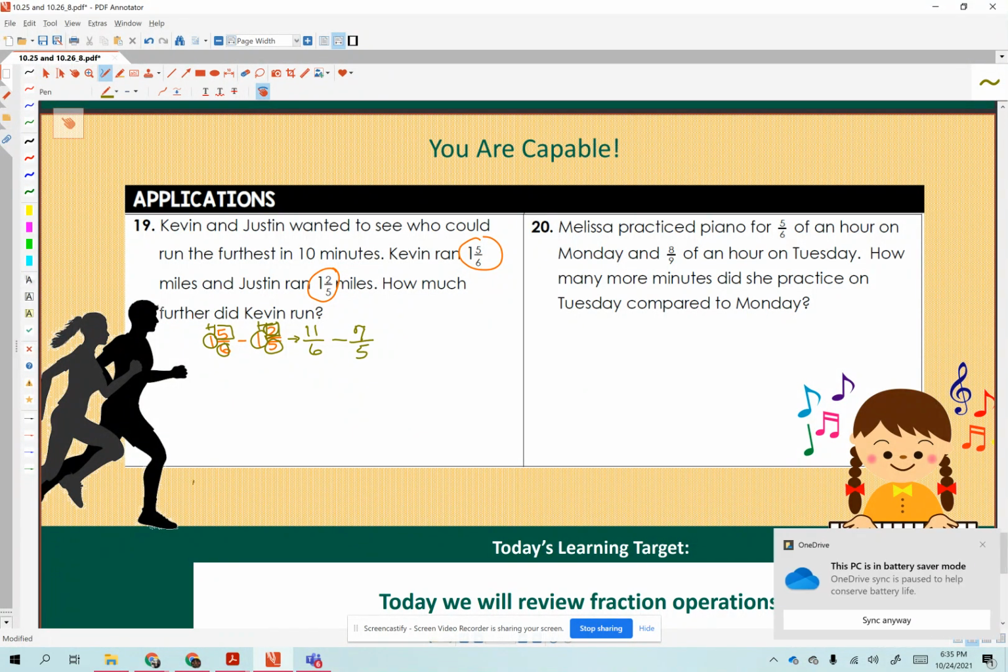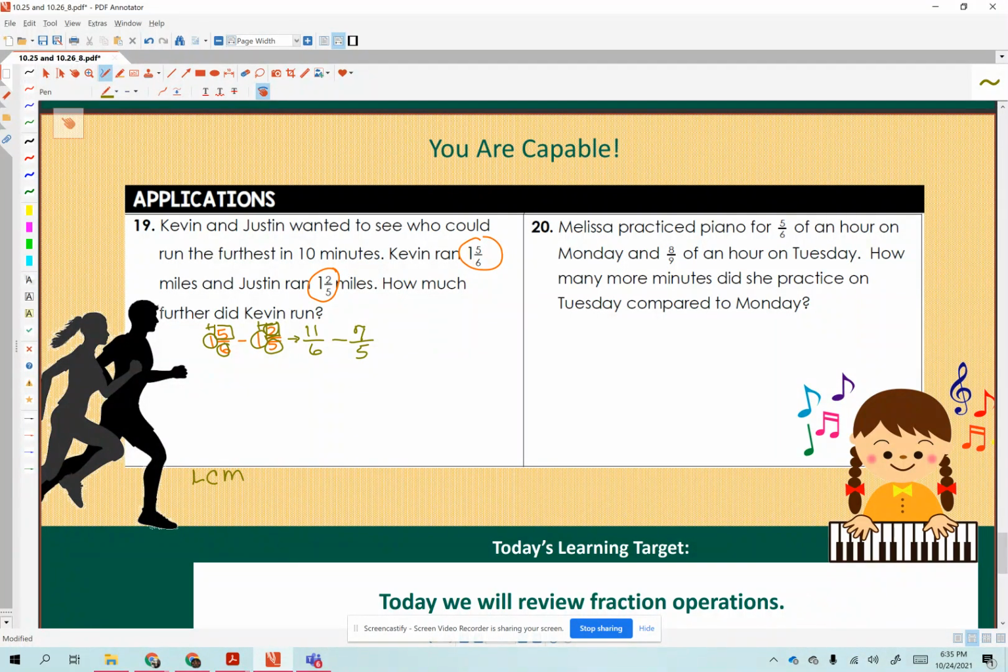Now we need an LCM, a least common multiple, of 6 and 5. So multiples of 6 are 6, 12, 18, 24, 30. So let's go with 30.